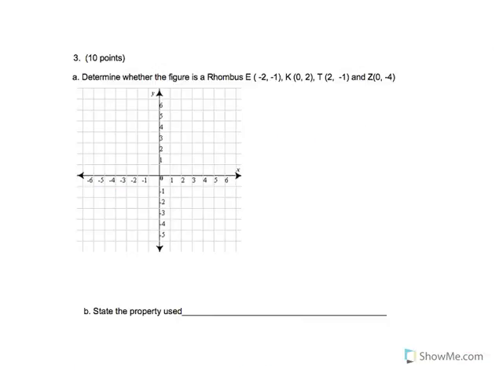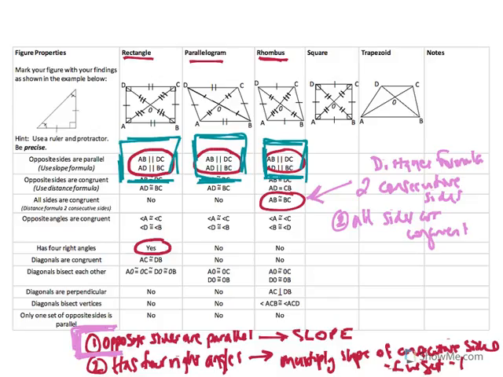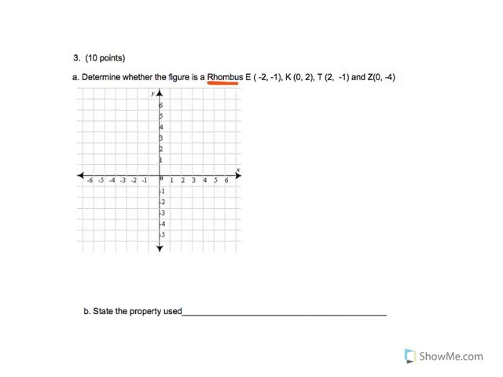So let's do this example here. It says, determine whether the figure is a rhombus. I underline rhombus because that is the shape I'm dealing with. I look at my quadrilateral table. I look at the 2 things I need to prove, that opposite sides are parallel and that all sides are congruent, and I do that.